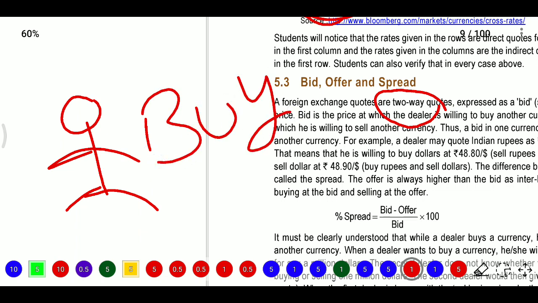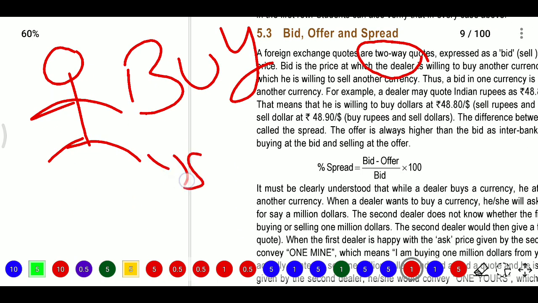This is the bid price. Whereas the offer is the rate at which he is willing to sell to another party. So if you are ready to sell, then it is the offer rate. Thus bid is in one currency and offer simultaneously in another currency. For example, they provided one example.